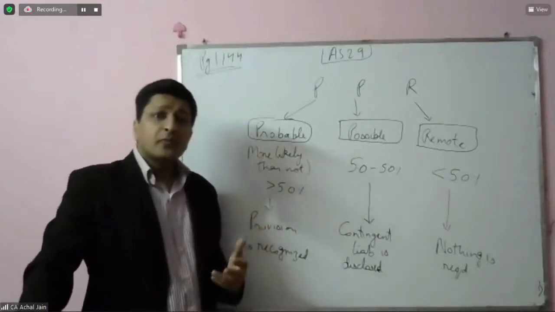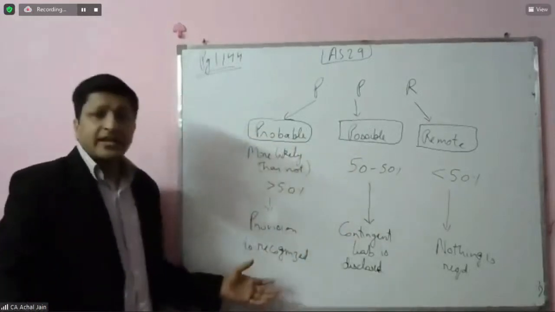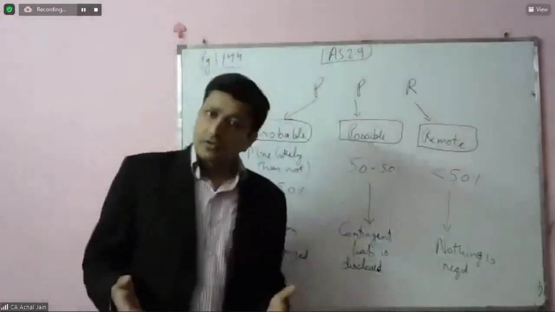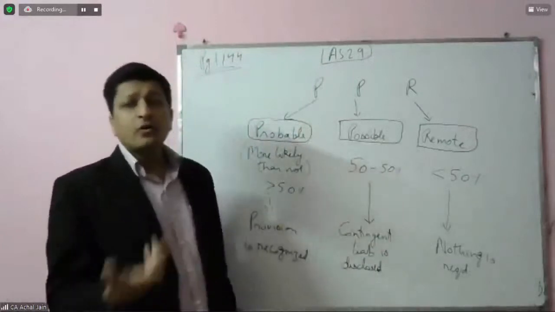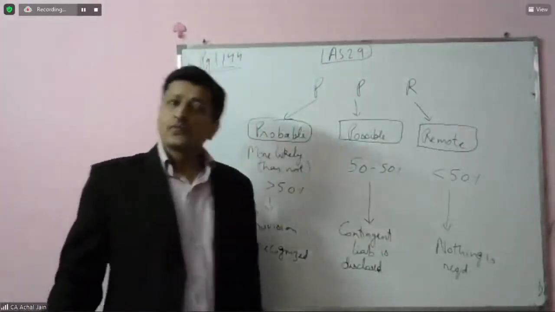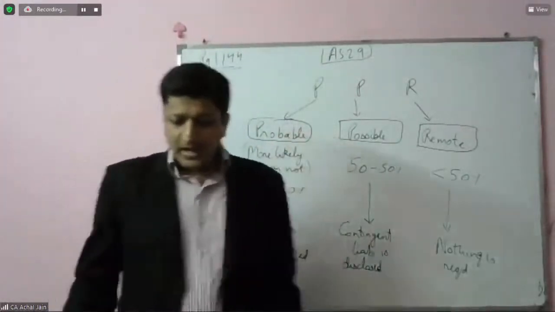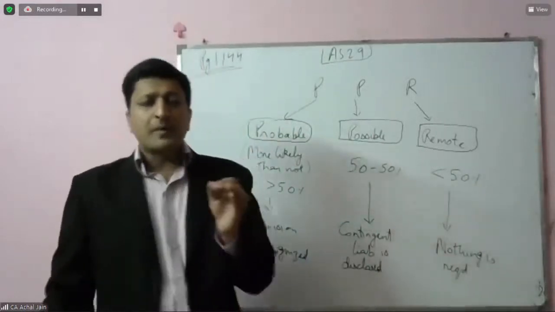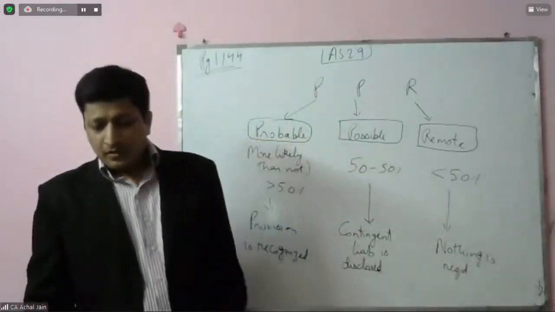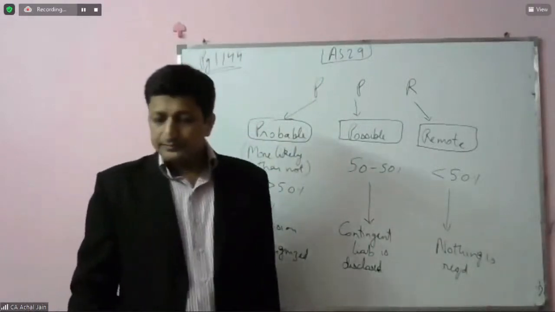This is what will lead to the generation of a provision, and this is something which will lead to a contingent liability. Understood? Any questions, please let me know. Then we'll pick up one example to discuss this in more detail.